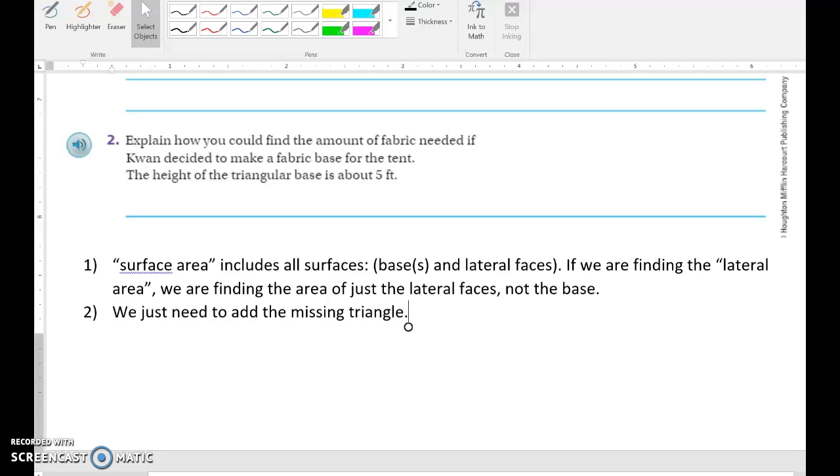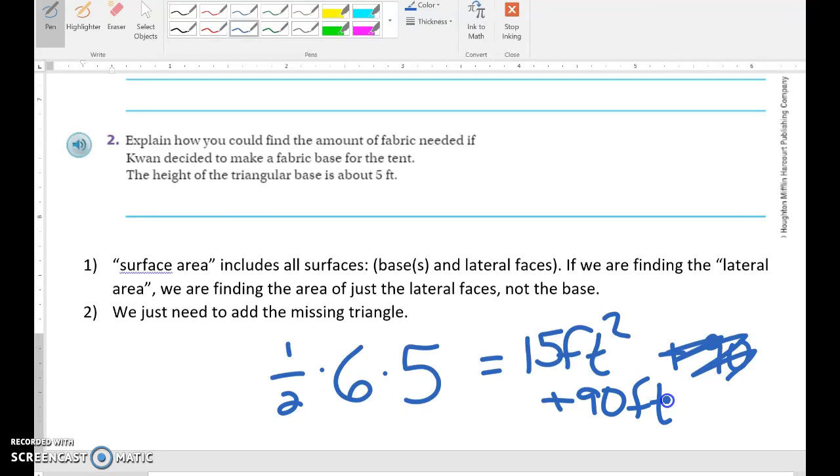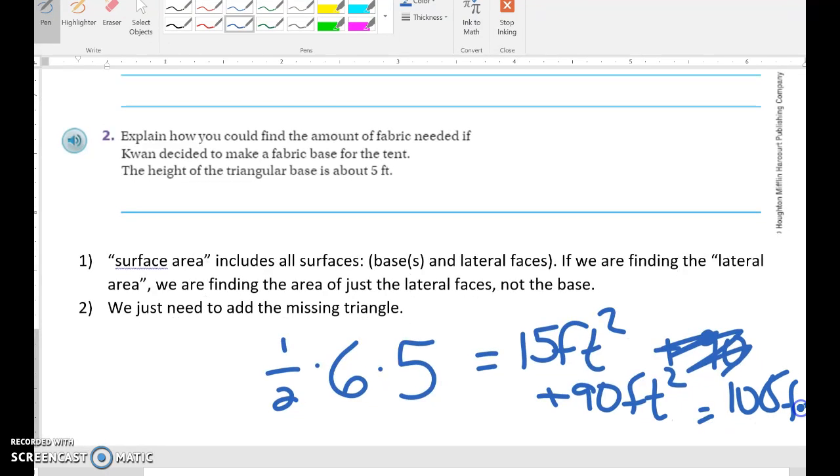We don't have to start again from the beginning. We can just do base times height times a half, that's 3 times 5, that's 15 square feet. And then we just add it to the original information. Technically, we shouldn't put that on the same line because it's not true to the sentence. And that's going to be 105 square feet. That doesn't look like a 5. I'll fix that.